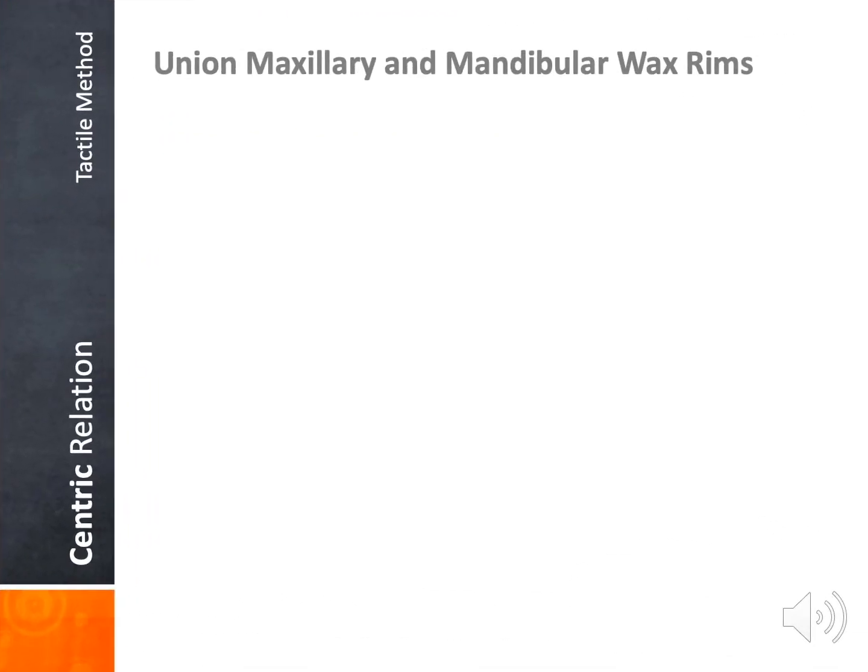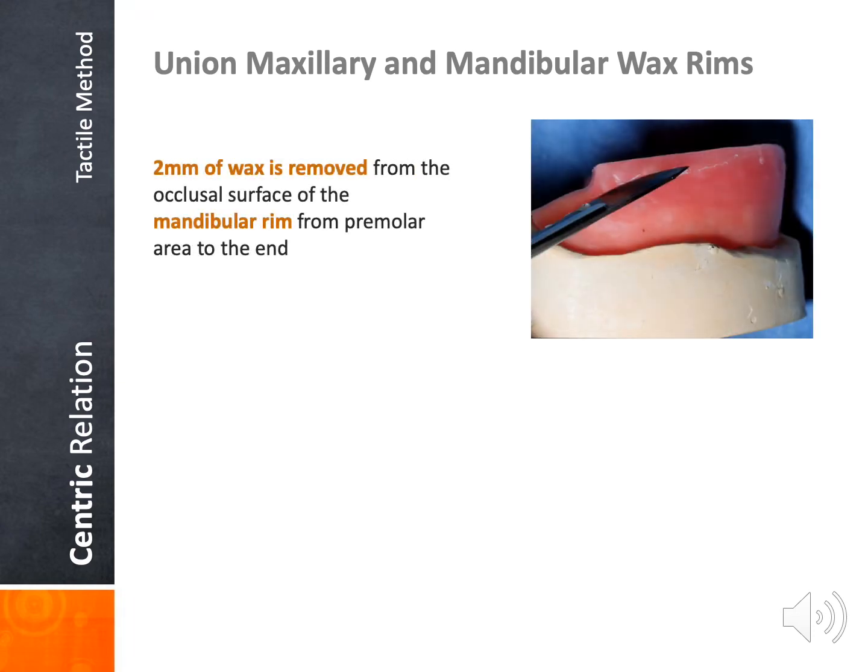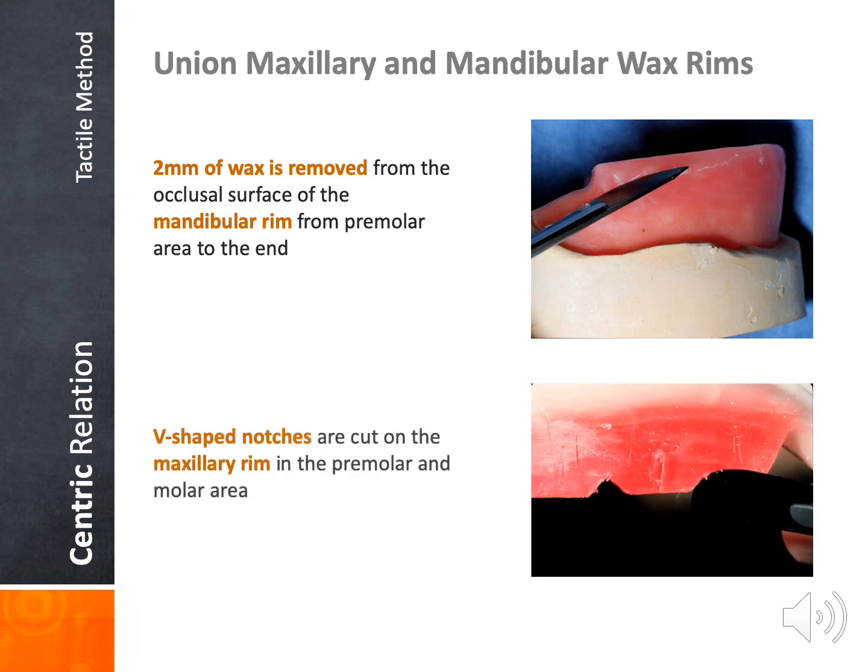After getting the correct centric position, unite the maxillary and mandibular wax rims by removing 2 mm of the wax from the occlusal surface of the mandibular rim from the premolar area to the end, and V-shaped notches are cut on the maxillary rim in the premolar and molar area.